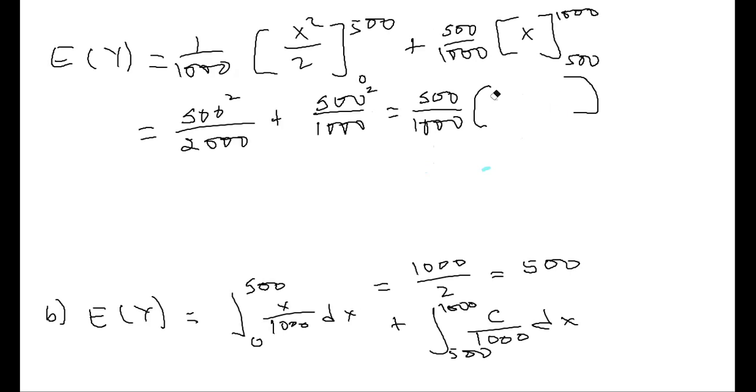There is some correction I will make here. So follow what I'm doing. This 500 squared over 2 is for this integral divided by 2 times 1,000. And here we have 500 over 1,000, which is this expression here. And here is 1,000 minus 500, which is 500. Multiplying this 500 gives this 500 squared.